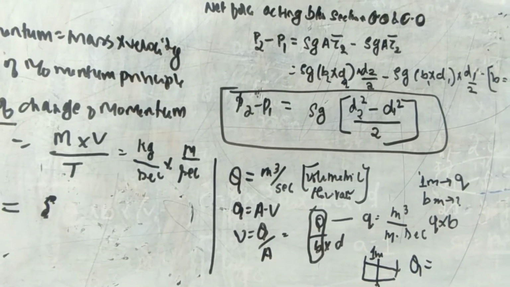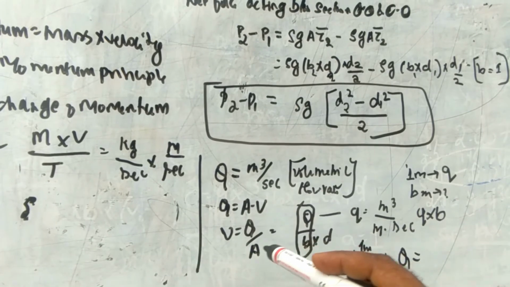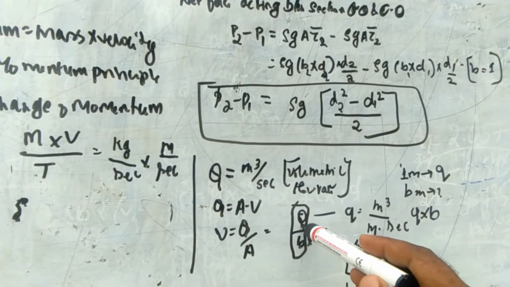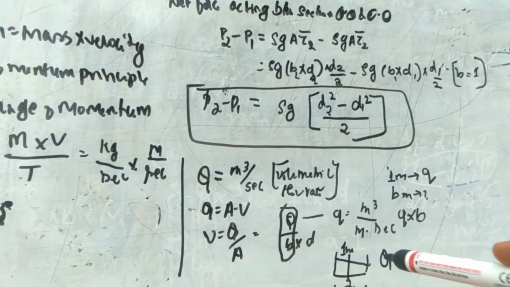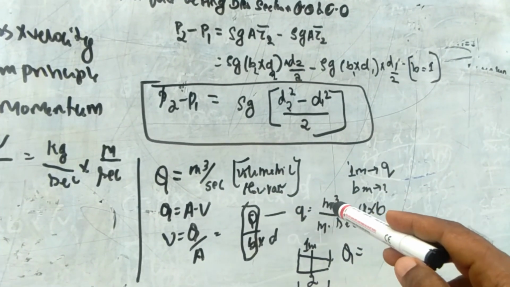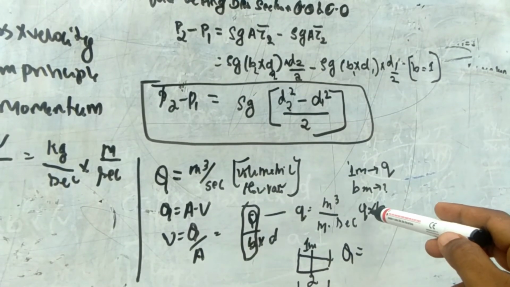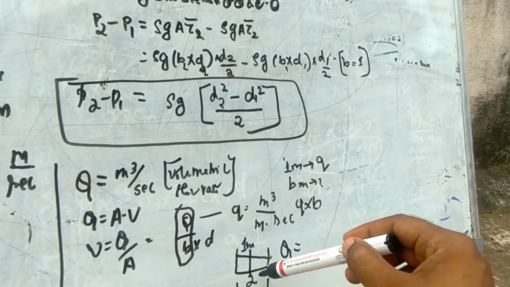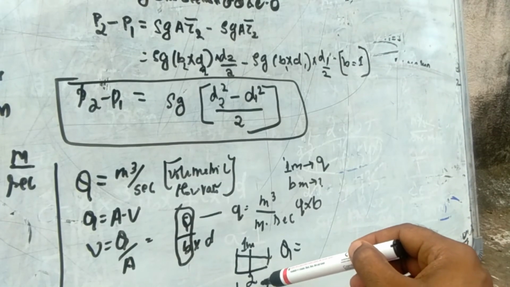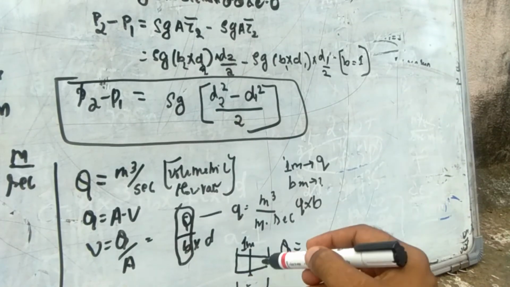I will explain how it comes. Rho is equal to small q into b, v is equal to q by a, and q is equal to q by b into d. Small q is meter cube per meter per second, the discharge per unit breadth, for a unit width.